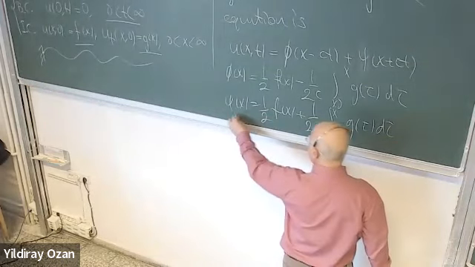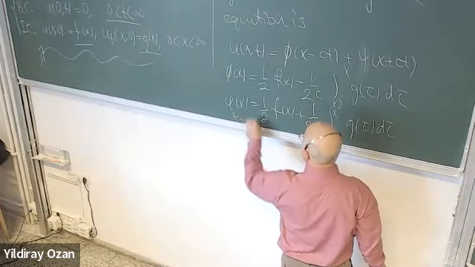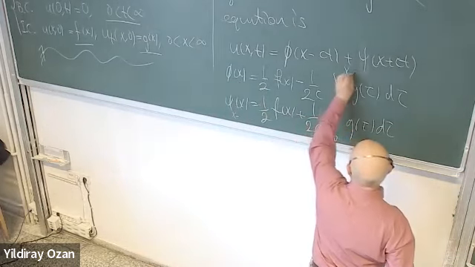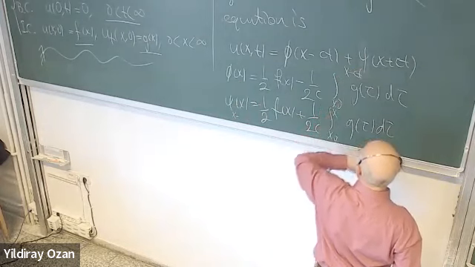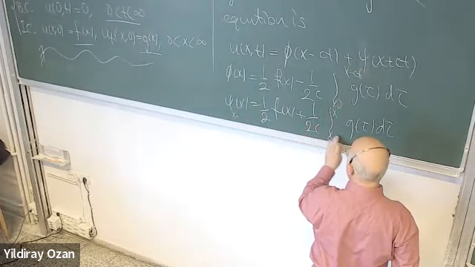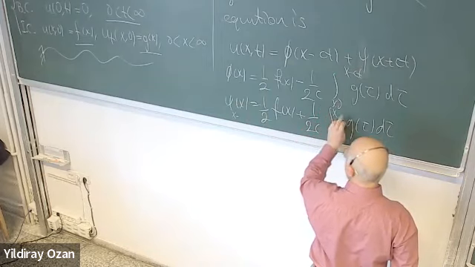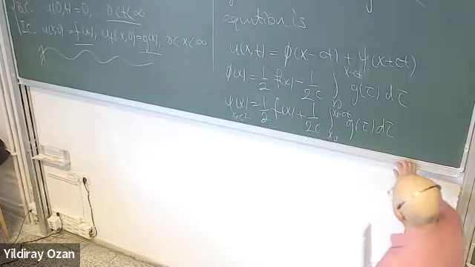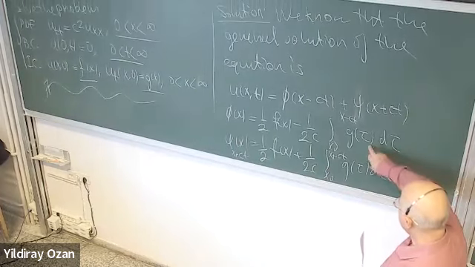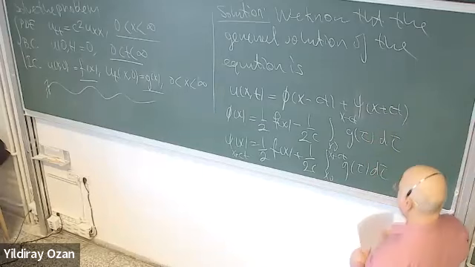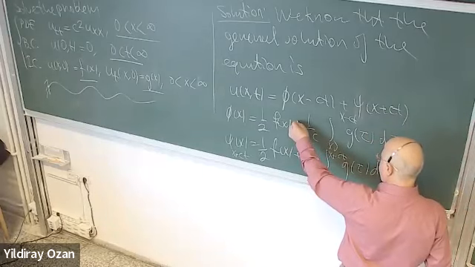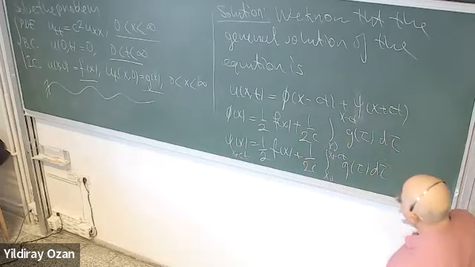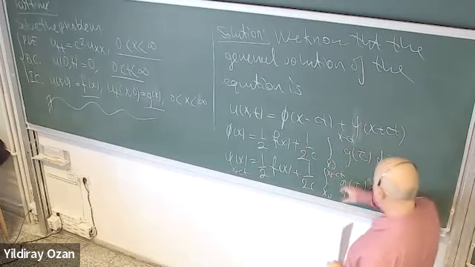Now here I write x minus ct. So this becomes the integral from x0 to x minus ct, and this is from x0 to x plus ct. This is minus, so if I make it plus, then the boundaries of the integration will be reversed.